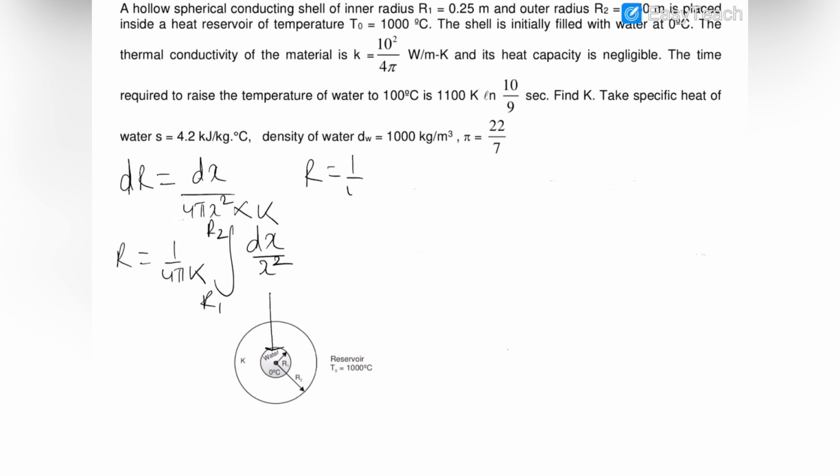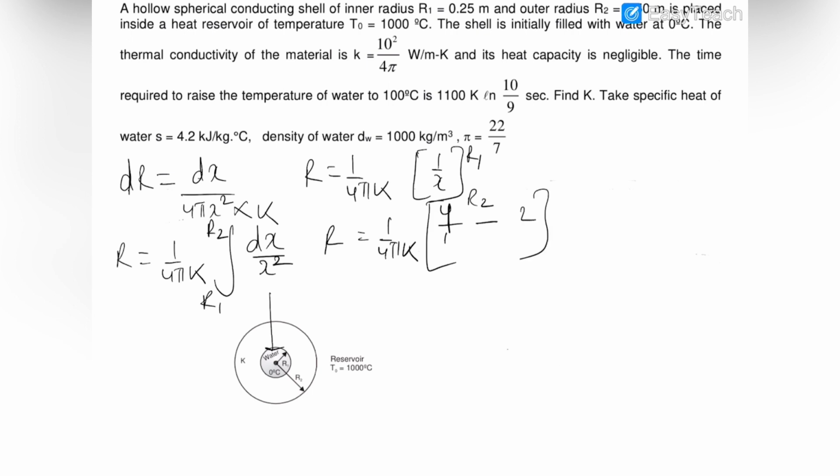So R is 1 upon 4 pi K, and the integration of 1 upon x square will be equal to minus 1 upon x. The integration limits would be interchanged by using that negative sign. So R will be equal to 1 upon 4 pi K, and the limits would be 1 upon 0.25, which is 1 by 4, minus 1 upon 0.5, which is 1 by 2.